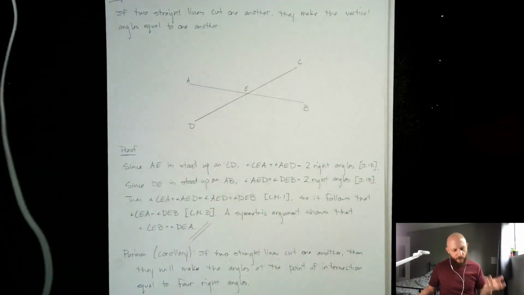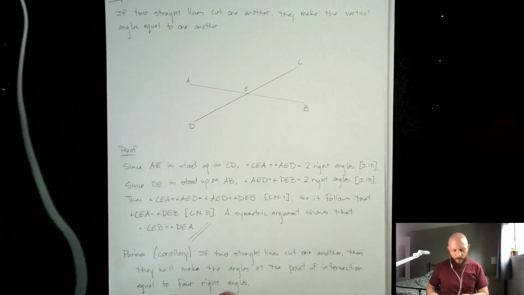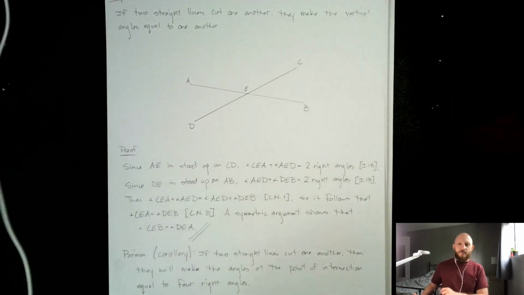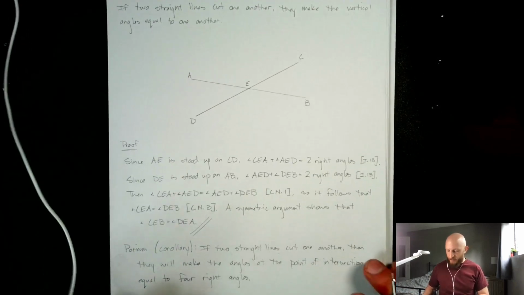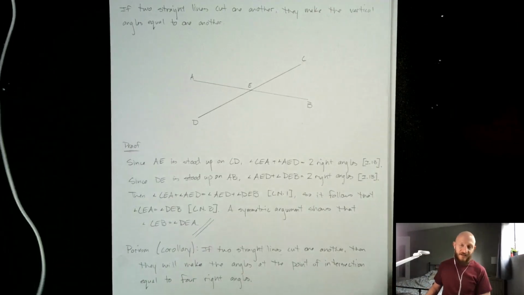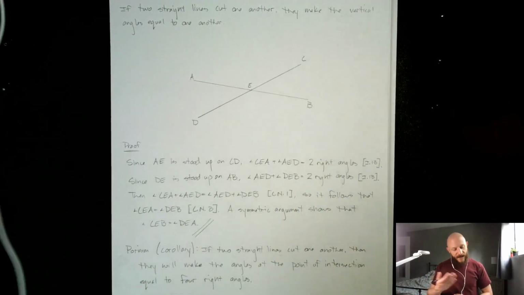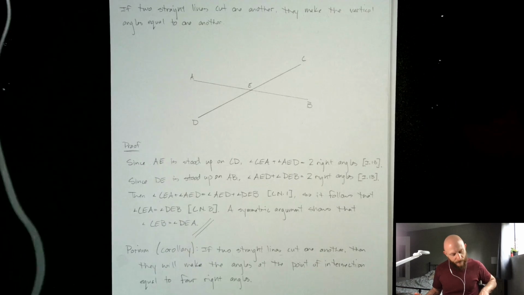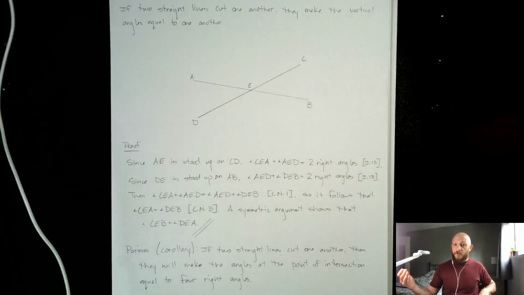But the other thing that I wanted to note, and this is a note that's in my book, is that this corollary is actually most likely not from Euclid. Like in the original Elements, this corollary was most likely not there. And it was added after the fact by scholars of the time.